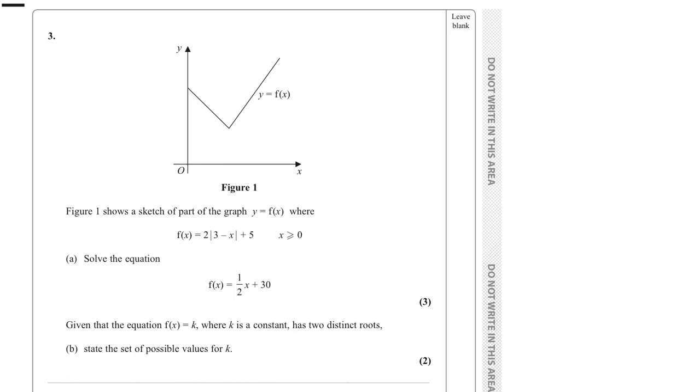So we always do 2 lots of 3 minus x plus 5 equals a half x plus 30. And then we're also going to have two lots of negative 3 plus x. So we do the negative of the modulus, plus 5 equals a half x plus 30. Okay, am I right? Is that what you've done?